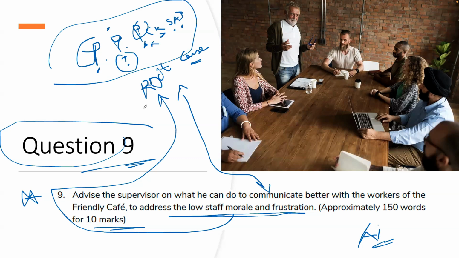But it must be done, or else you won't be able to fix this. All right. So what am I saying? Be creative. I want to see you talk to the root cause, what is causing this, because that will inform how the supervisor is going to communicate. Make sense?